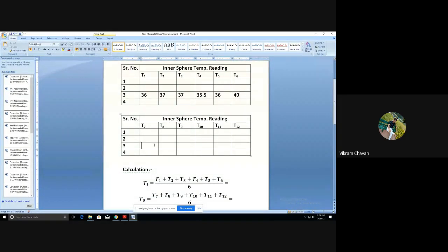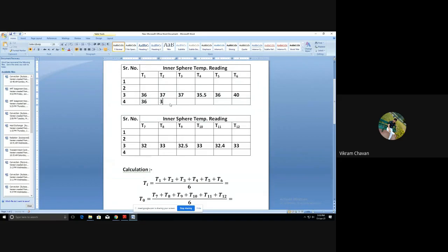And here I'm getting the readings as 32, 33, 32.5, 33, 32.4 and 33. In this manner my previous reading is there, and I'm getting near about the reading equal to 36.